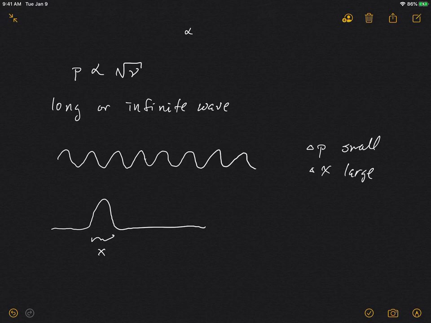I've been a little bit unclear about whether or not this is a time axis or a frequency axis. Well, of course, the two are related for a traveling wave.